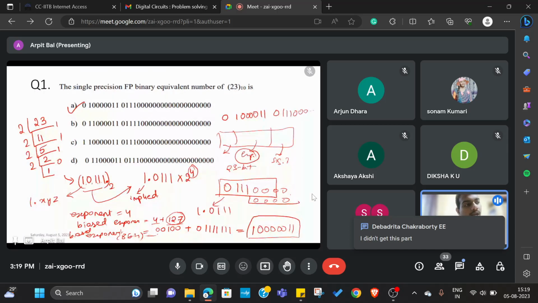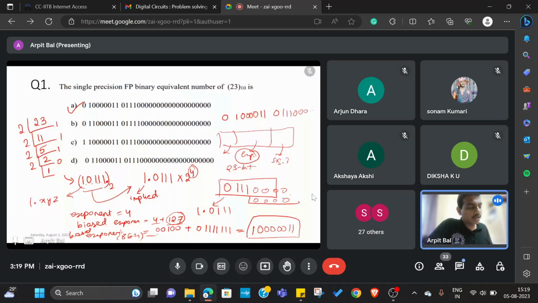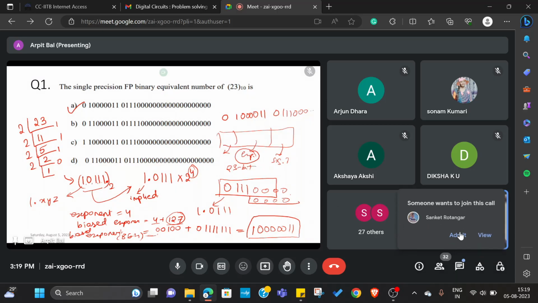Usually the bias value is something halfway in the middle of the full scale value that can be represented. In this case we have an exponent field which is 8 bits wide, so 2 to the power 8 is 256, and halfway of 256 is 128, so that's why 127 was chosen as the bias value by IEEE.